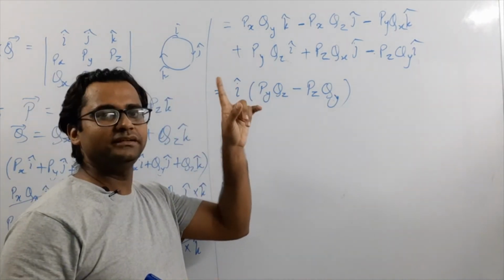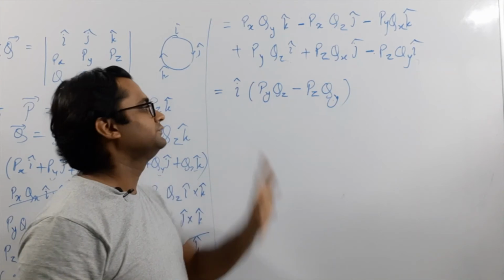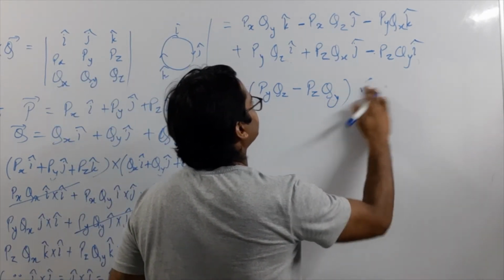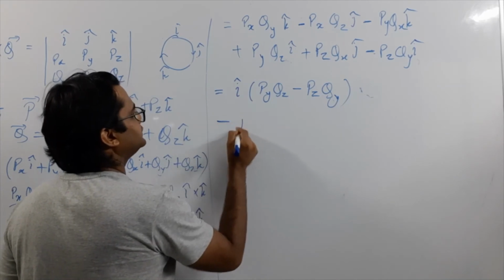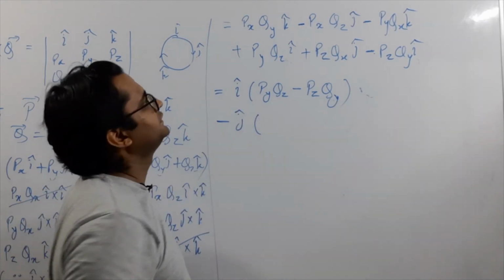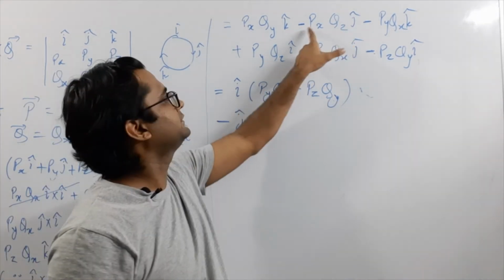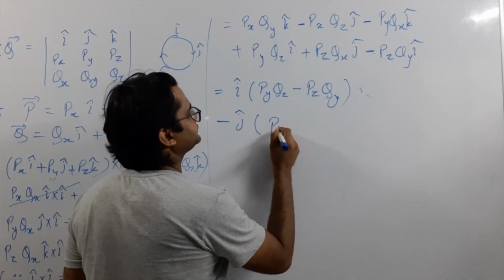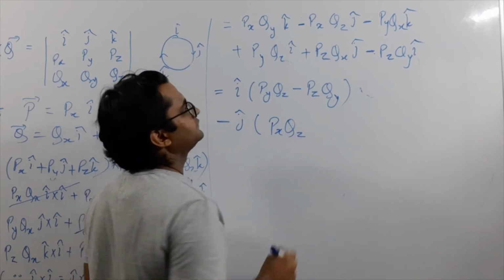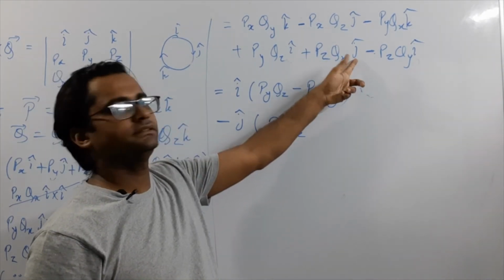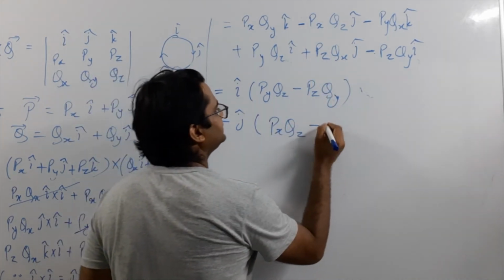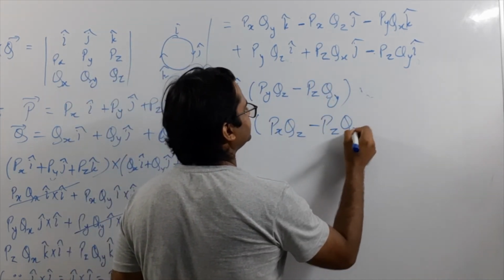Do you remember in a determinant in our second term j cap we keep a minus sign? So let us keep a minus sign here, minus j cap. Now we have taken minus j cap outside. What is left is px qz, and again this minus sign is taken outside, so this term will become negative, minus pz qx.